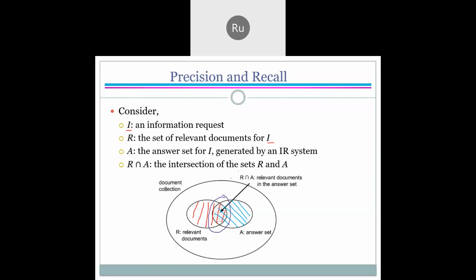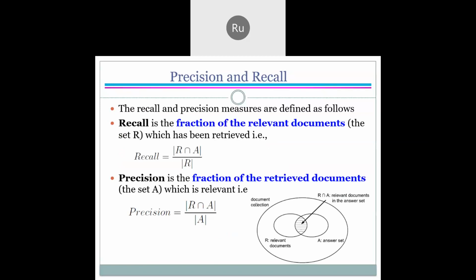So the objective is to maximize this one. Based on this description, we can describe the precision and also recall, and we will look at the formula based on this diagram. If we look at the recall first, the recall refers to how many of the relevant documents you can retrieve.